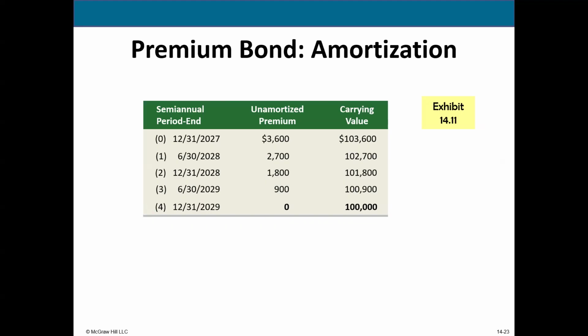During the bond's useful life, we amortize the premium, decreasing it each period by $900, which is the 3,600 divided by 4. We decrease it by that same amount each period, which brings us back to the $100,000 par value at the end of the bond's useful life. And then, of course, we debit bond payable for the 100,000 and credit cash 100,000 at the end of the bond's useful life.